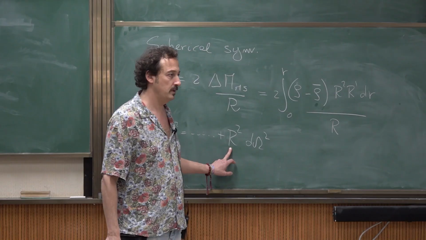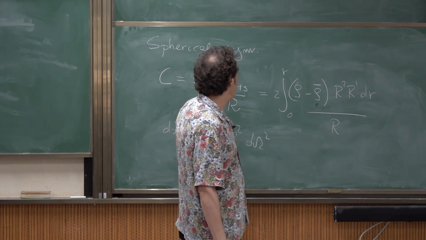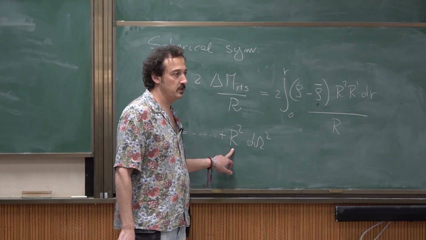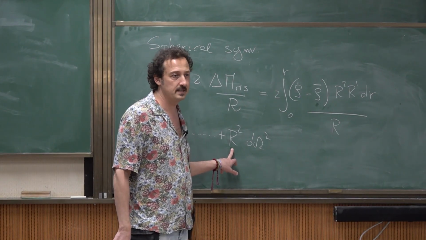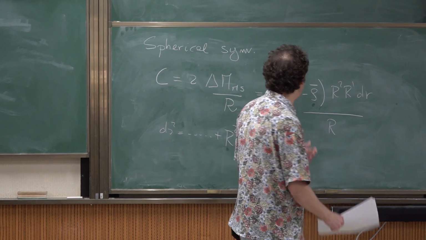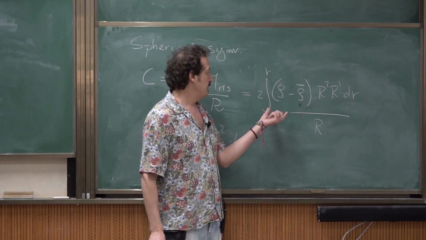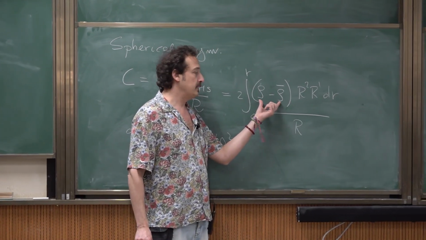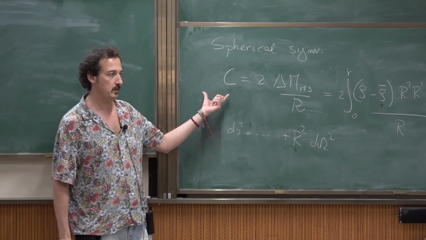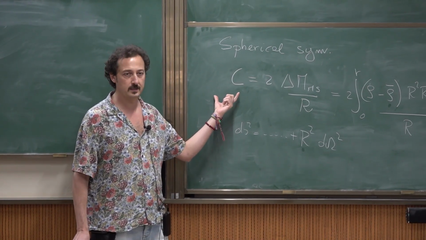So in these coordinates, this function, which is really the radius of a sphere, is a scalar. Also, as we saw yesterday, this integral is also a scalar. So this object is an observable, because it doesn't change with coordinates.